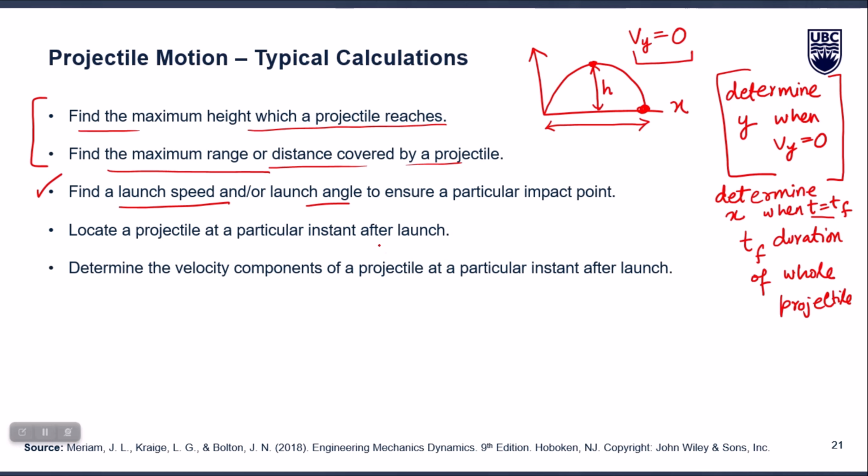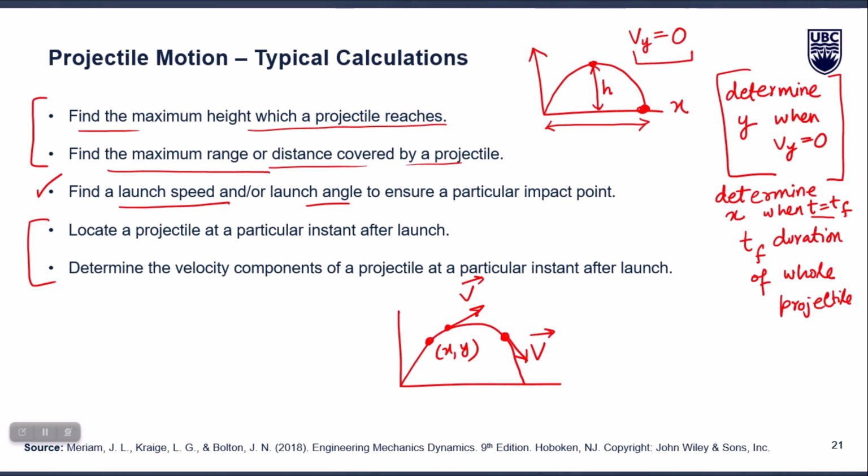And then the final two questions: at any time during the flight, I can ask the x, y coordinates, like what is, for example, here, what is x and y? Or I can say that, okay, when it was here, what will be the velocity vector v? You may be asked to determine velocity at any time, maybe here, right? So the v vector can be one of your unknowns.